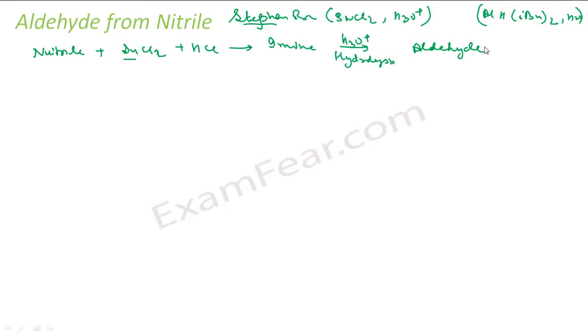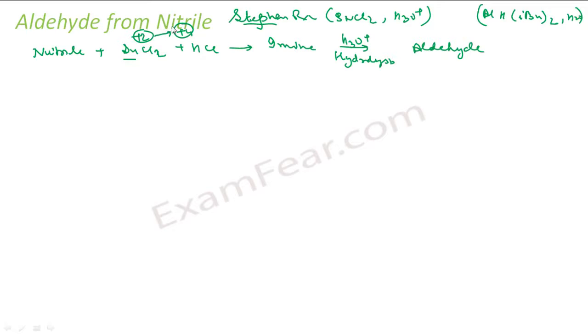So the reason why it works is, see, Sn plus 2 has tendency to go to Sn plus 4, right? So Sn plus 2 has some tendency to become Sn plus 4 due to inert pair effect. Since it has tendency to become Sn plus 4, that means it has tendency to get oxidized itself.